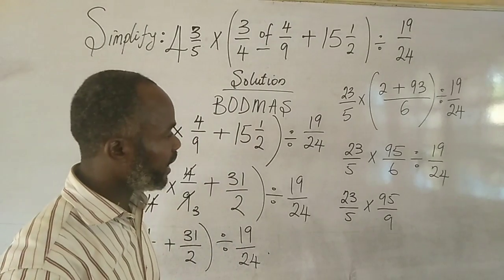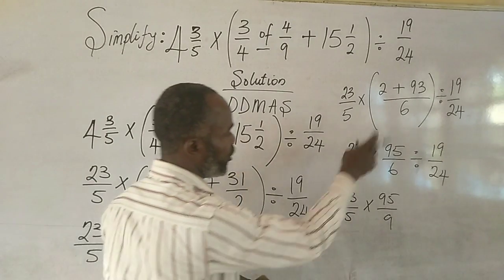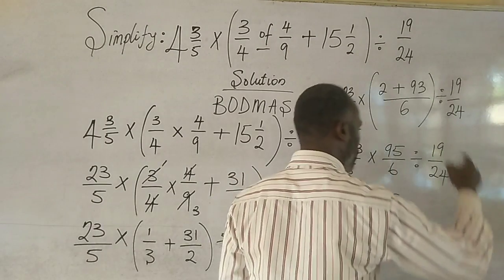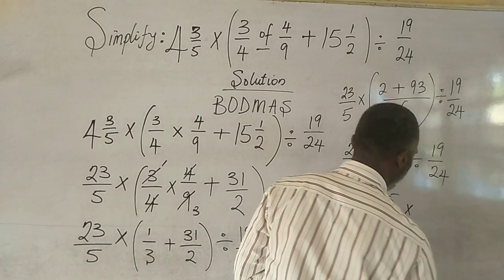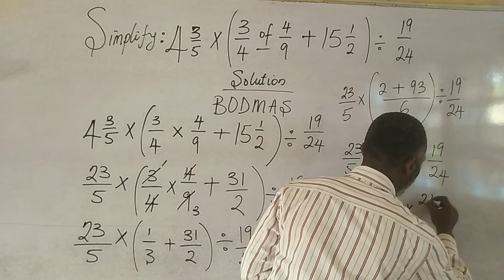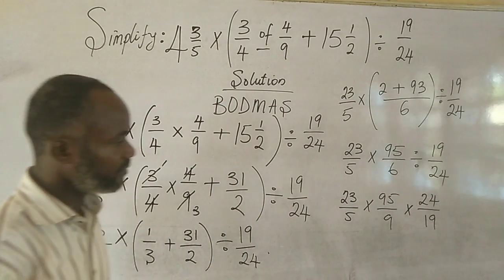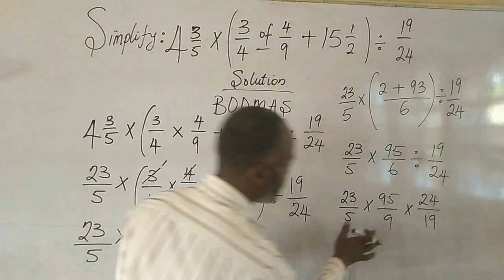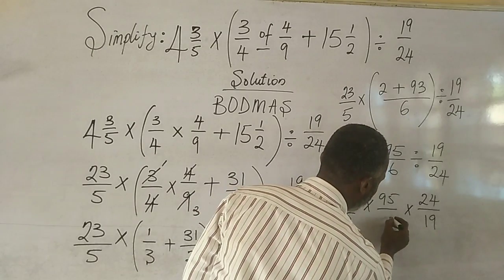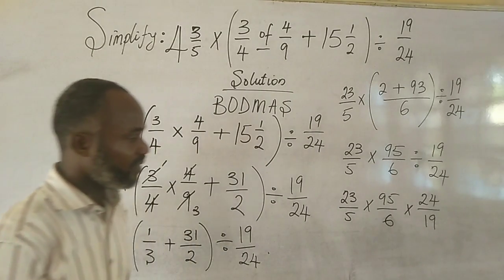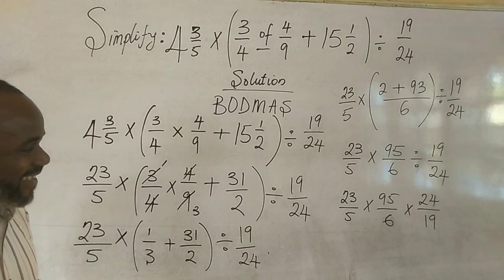The action of division comes into play. According to this, we turn it into what? Multiplication. The fraction turns down, becomes this: 24 goes up, and then 19 comes down. Correct. You see that means this is 6, not 9. This is 6, okay?